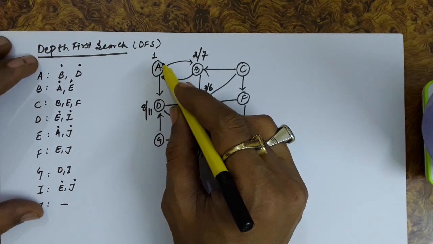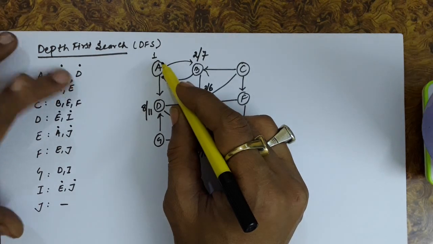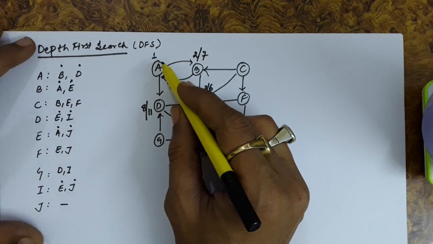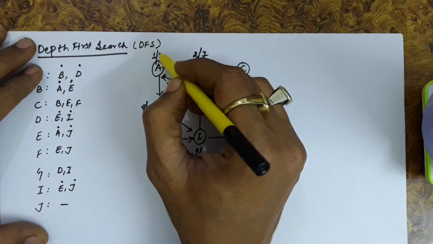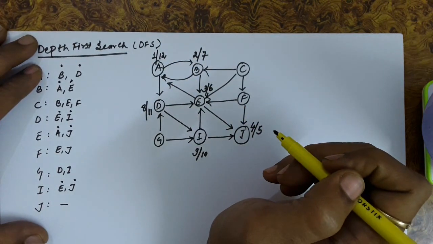D was explored from A. See the connections from A, B and D. Both of these have been explored, so we can finish A at 12.